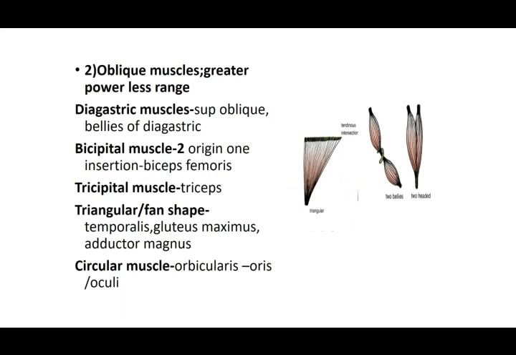Then these are the oblique ones, that is you have these triangular, two bellies, digastric, and two-headed. So you have these bicipital muscles, tricipital, three-headed, triangular, fan-shaped muscles, circular, or the orbicularis oculi muscle. These are all oblique. They are not in one direction, but the fibers are in different directions.